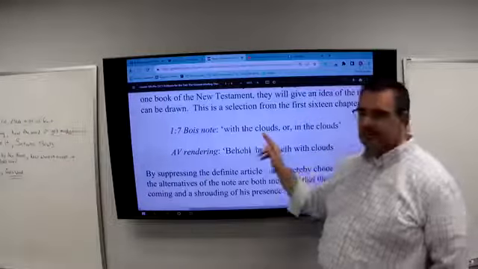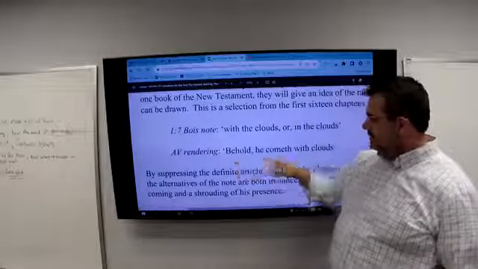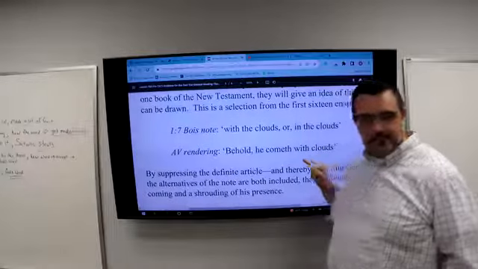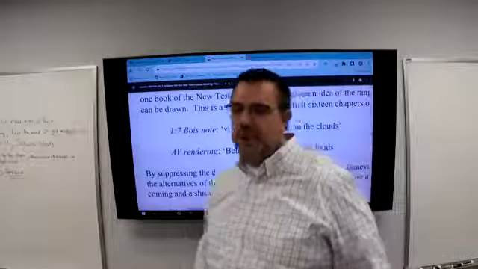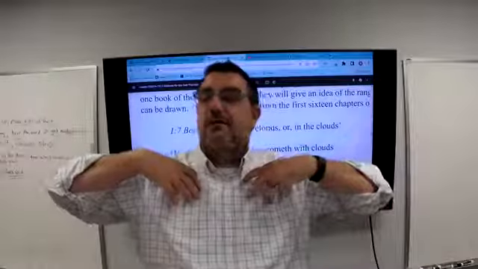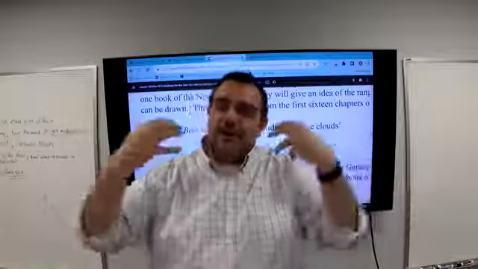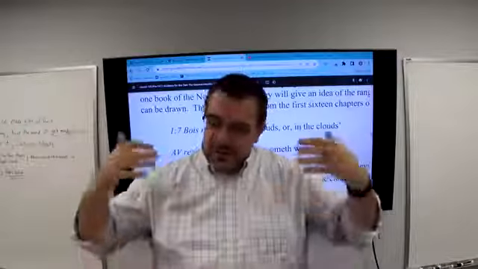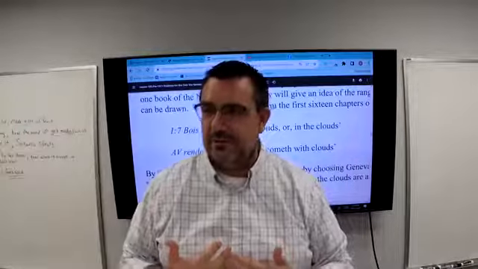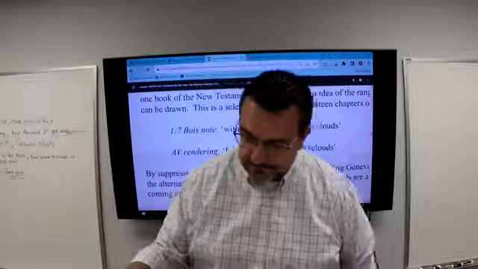With the clouds, in the clouds. They solve it by saying just simply, with what? So you see how that reading is really brilliant, because it is indicative of the fact that the clouds signal his coming, but are the clouds also to some degree, to put it the way he says it, shrouding his presence? You see what he's getting at here, okay?